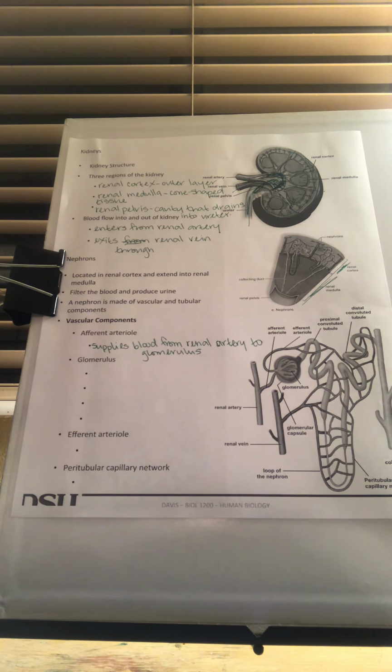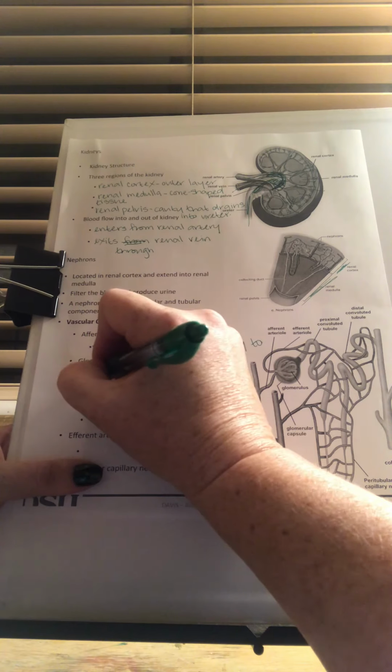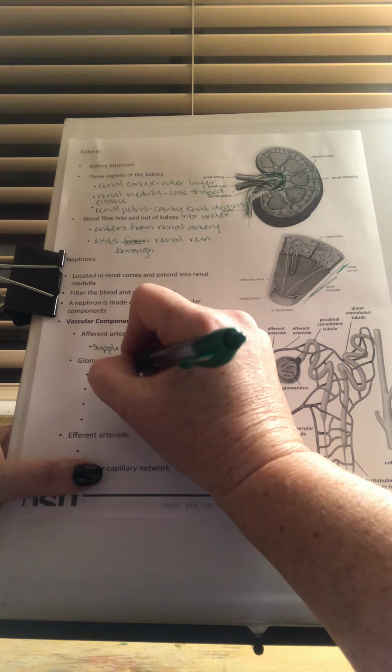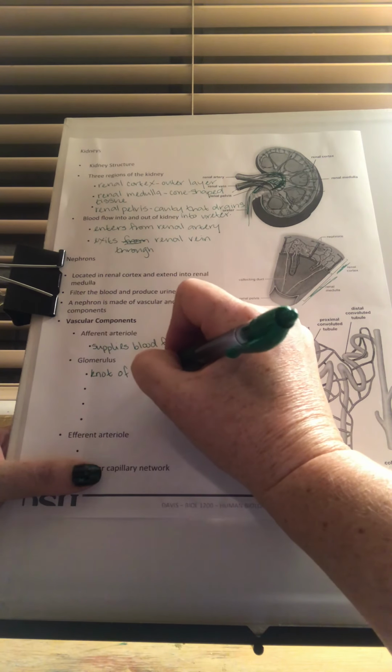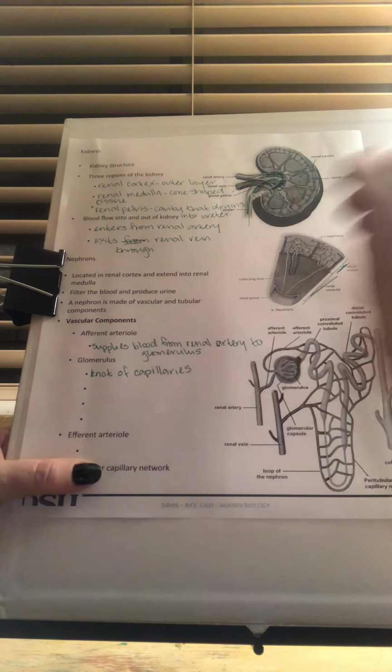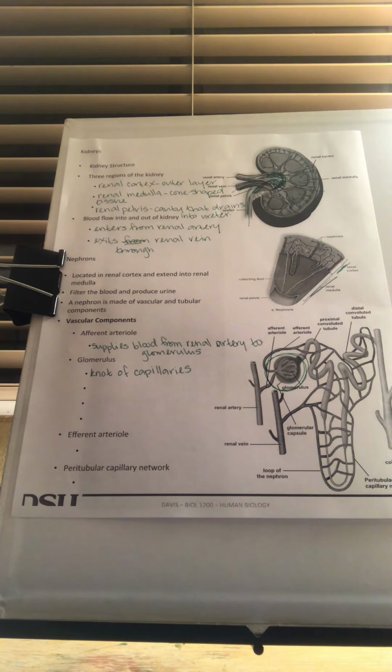Okay, so let's talk about the glomerulus. This is a knot of capillaries, because there's a lot of exchange happening here. This is the glomerulus, this bundle right here.